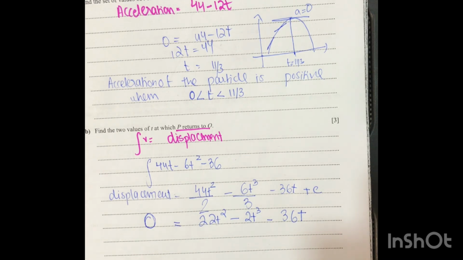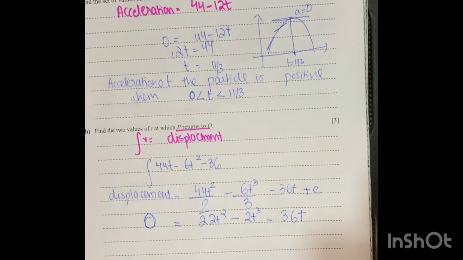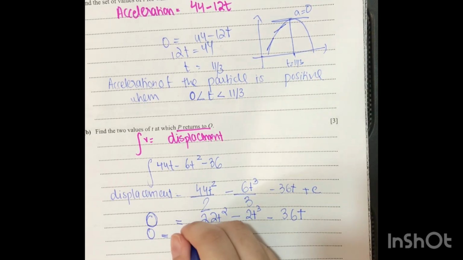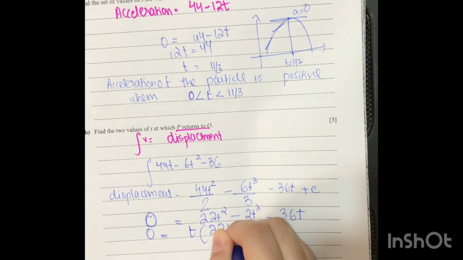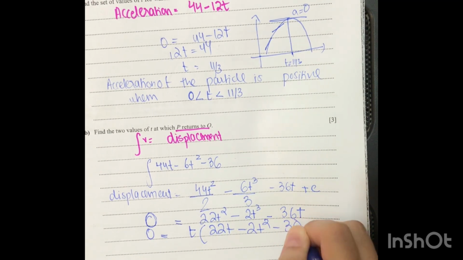And now let's use the quadratic formula to solve this. First we will simplify this. We will take t out of the equation, giving t times 22t minus 2t squared minus 36.